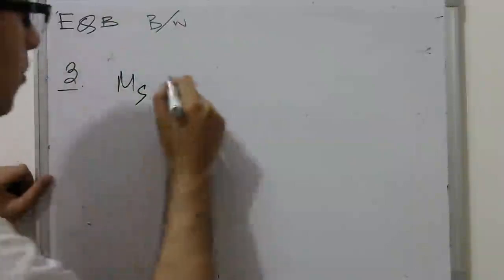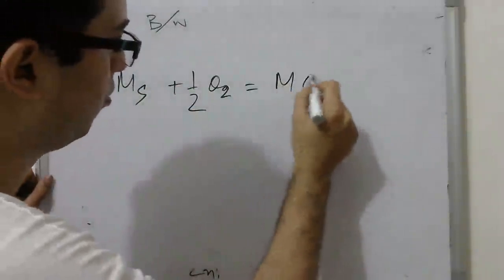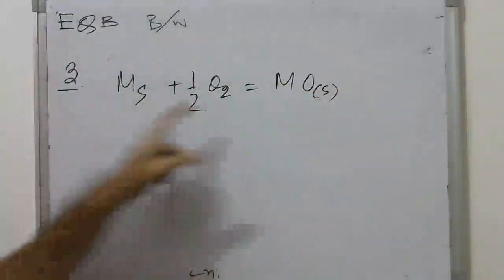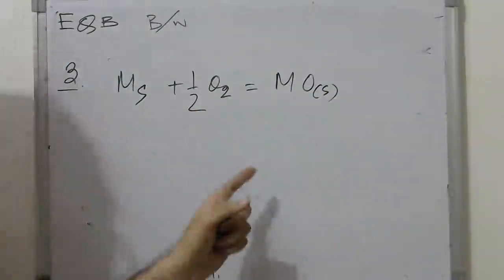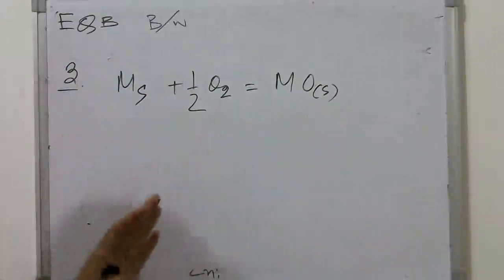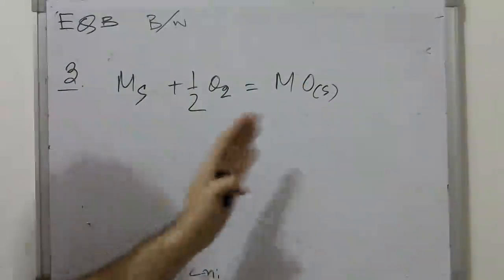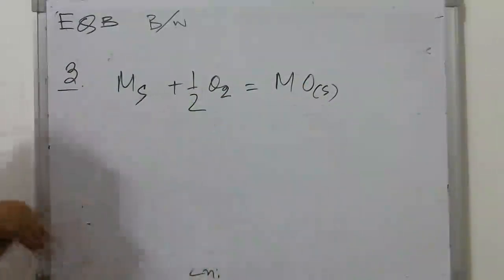Let's take the system MS plus half O2 is equal to MO solid. This always means it's a solid phase and a pure phase. Unless mentioned, just remember that the activity will be 1, but I won't substitute it in the first place. I'll just write the free energy. How to write the free energy? This is the final product, right?